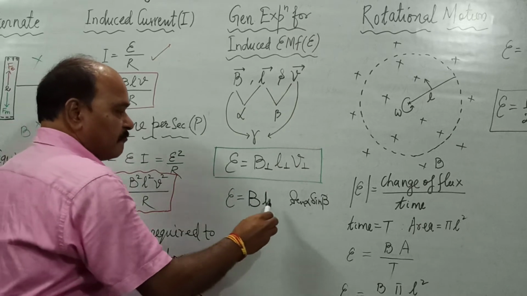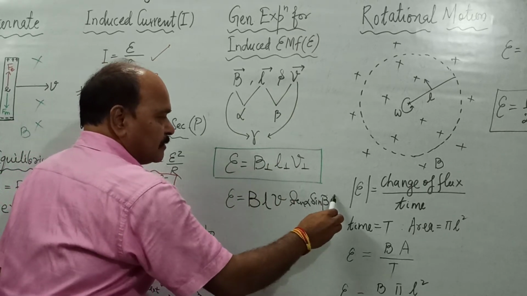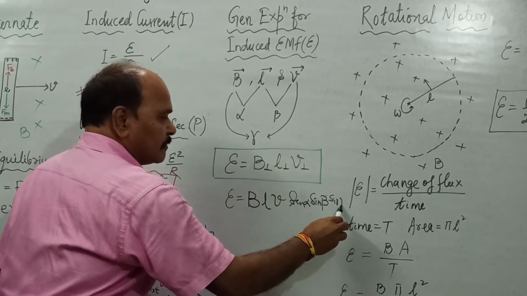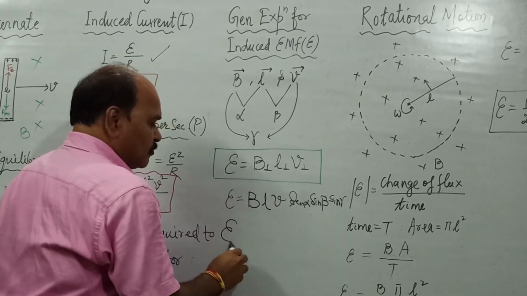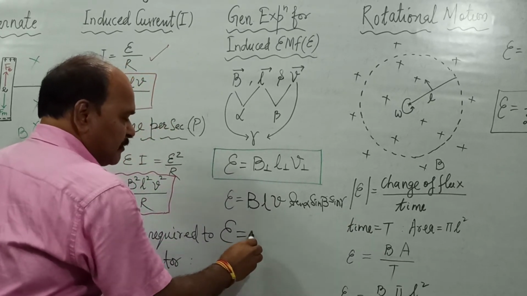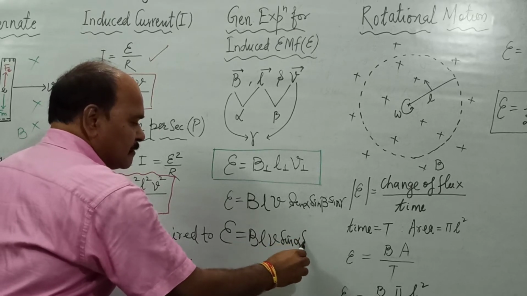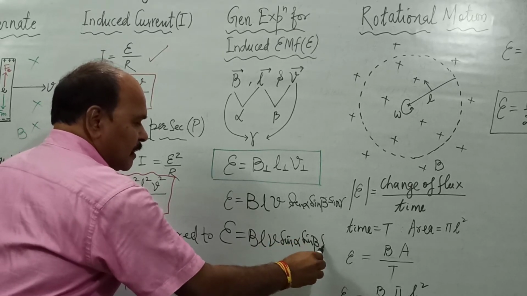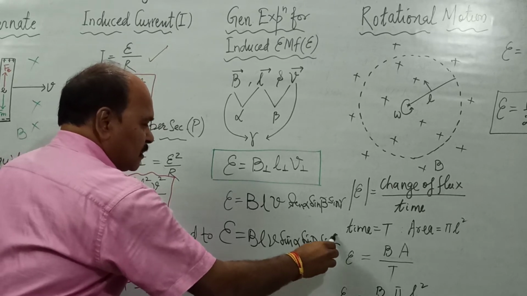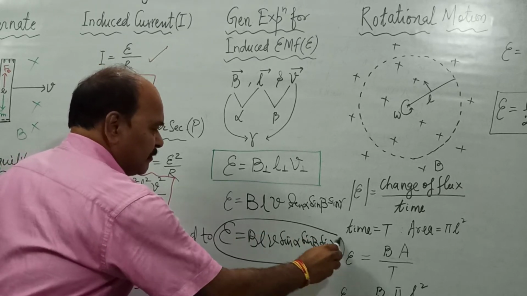It would be V sin gamma. That means the most general expression of induced EMF is BLV sin alpha sin beta sin gamma. This is the most general expression for induced EMF.